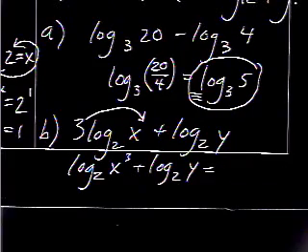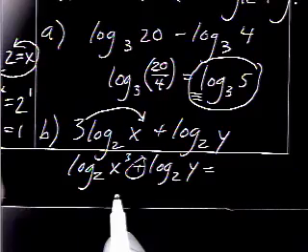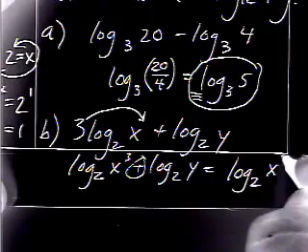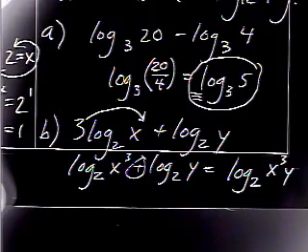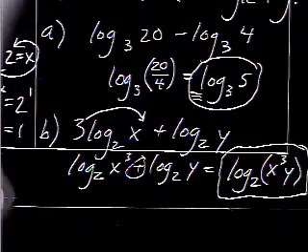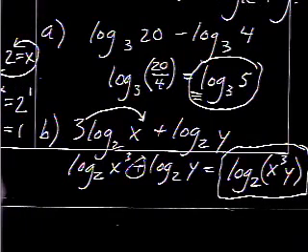And then for our last and final move, using the product property, we are going to multiply those together and get log base 2 of x cubed y. Wow, that looks really familiar. Almost like one of the previous examples. Well, pretty close. They had a base of b, and this one's a base of 2. Same idea.